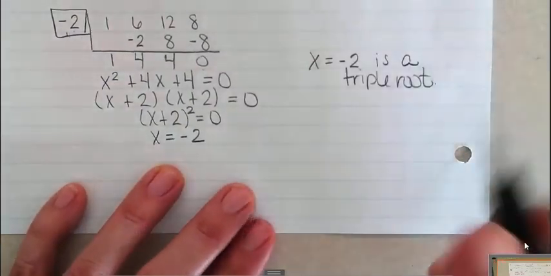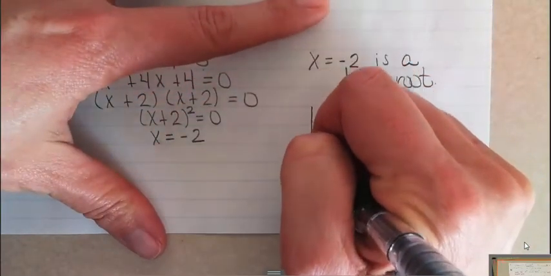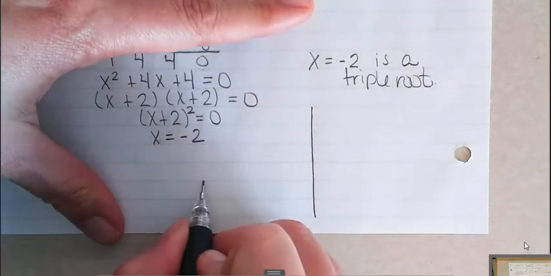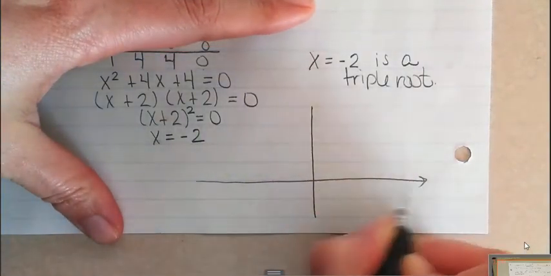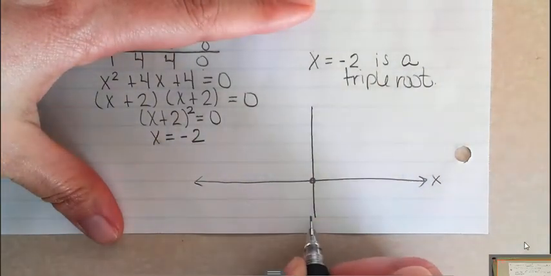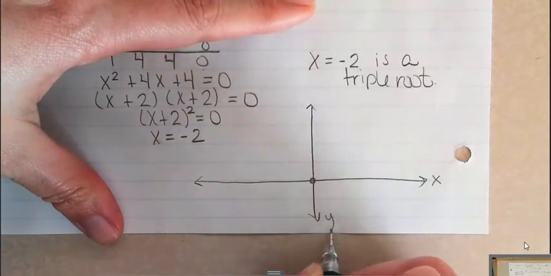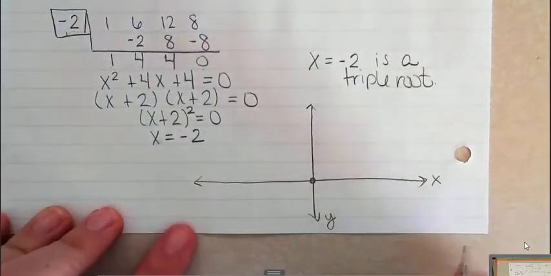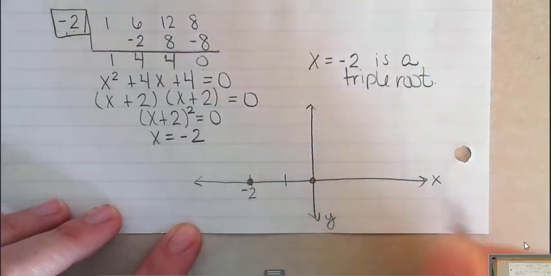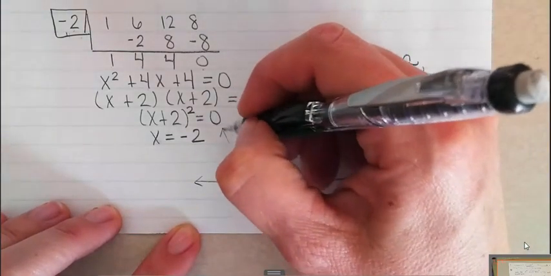So let's just draw a rough graph of this. So again, I know I'm going to have a root at x equals 0. I'm also going to have a root at -2. And my end behavior is up on both sides.